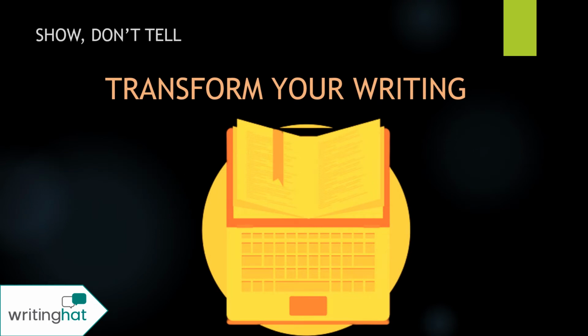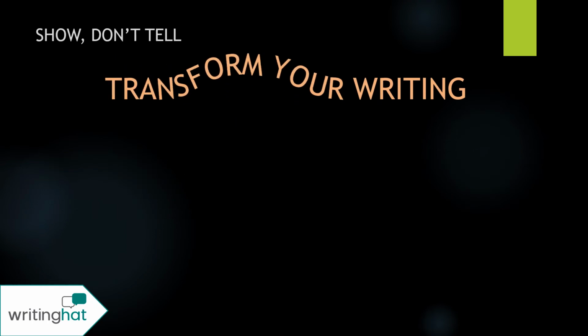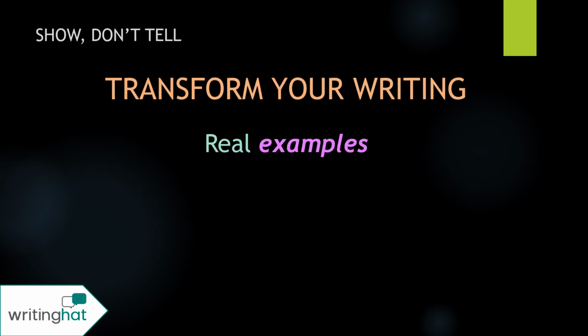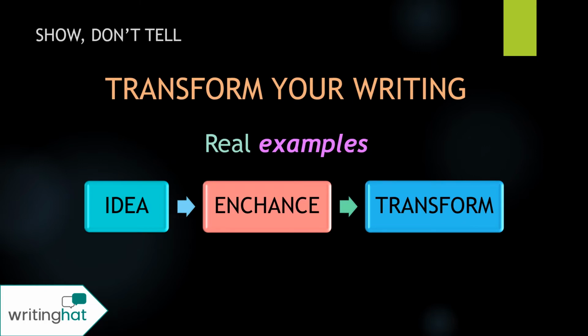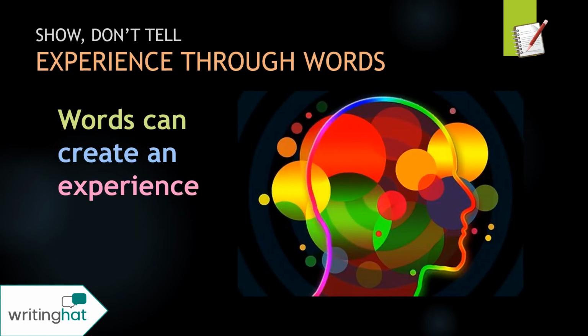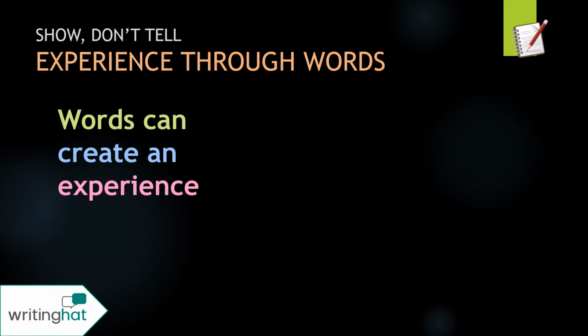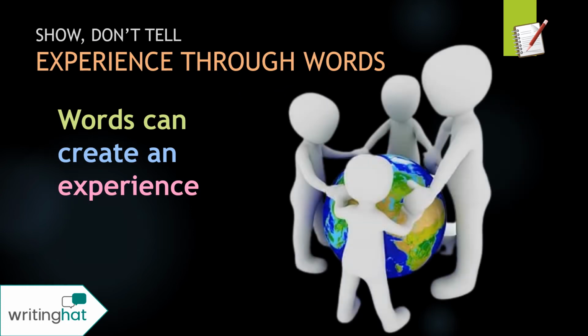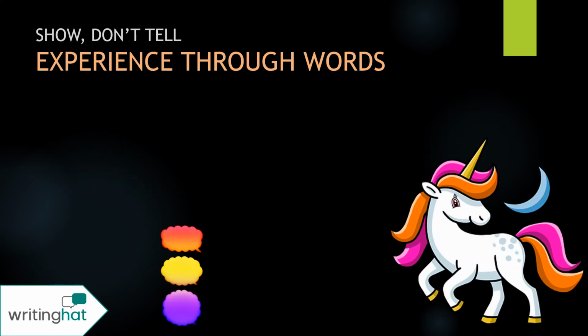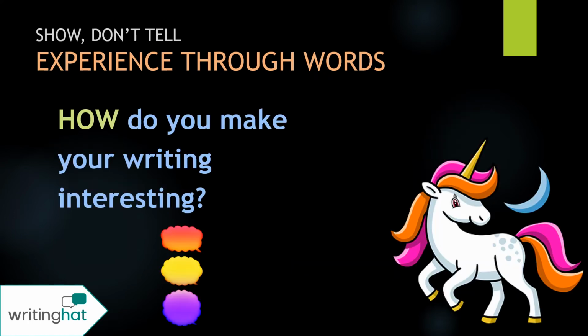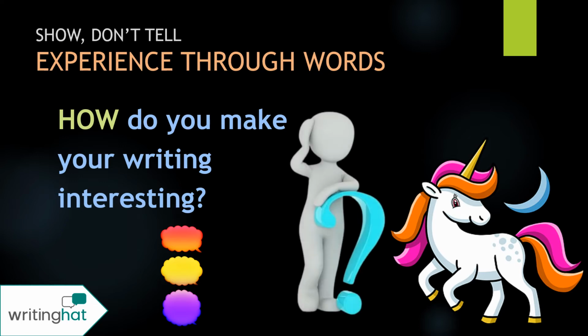In this lesson, we are going to show you how to transform your writing with real examples. Practice this, and before you know it, you'll have mastered the art of show, don't tell. Did you know that words can actually help you create an experience for your reader? Think about how you can do that. How do you make your writing interesting? And what can you do to hold your reader's attention?